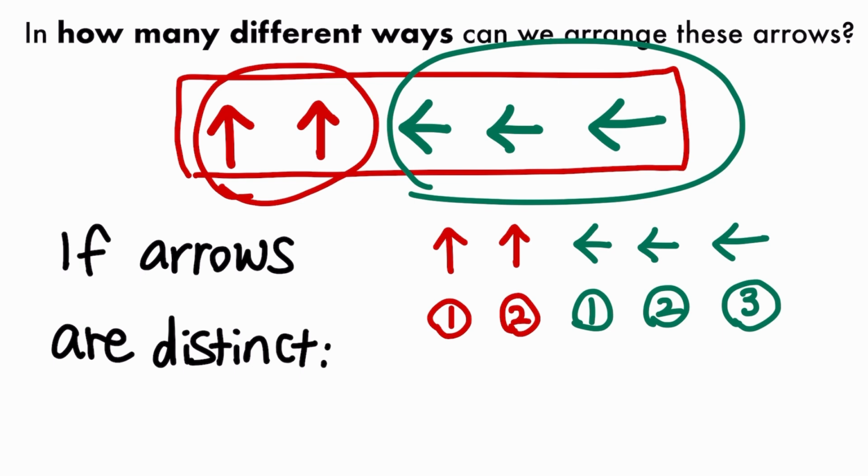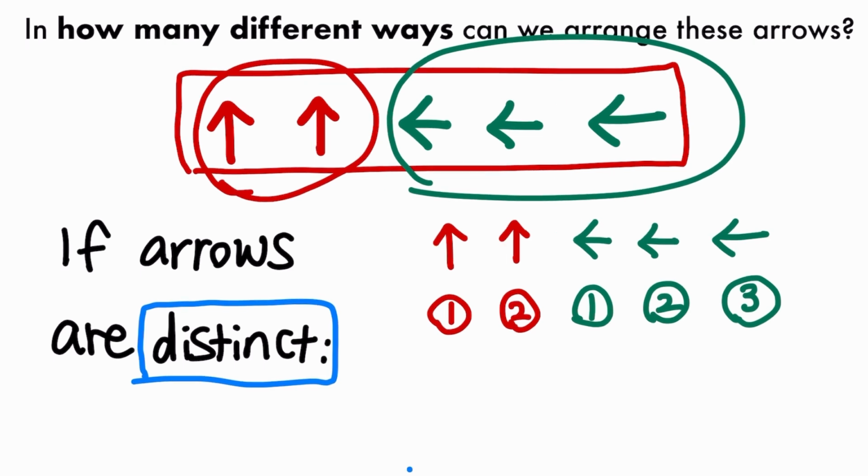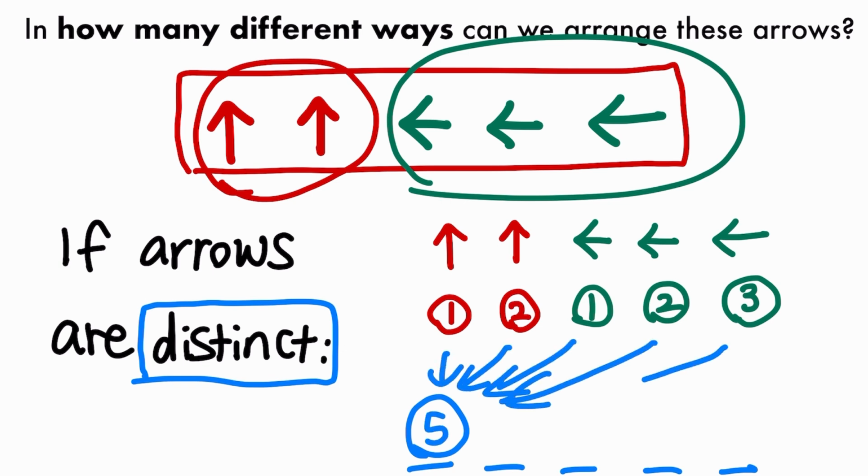If all these 5 arrows are distinct, then this problem is not difficult to solve. For 5 positions, for the first one, there are 5 options as we can pick any of these. For the second one, there are 4 options as there's already one picked in the first position.